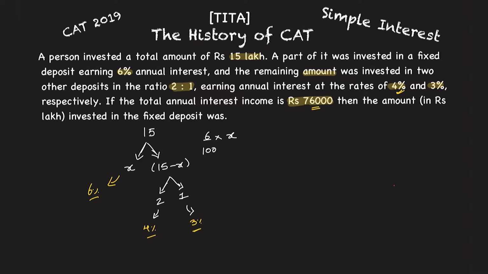Then I'll say 15 minus X, that is the amount that I have, but take 2/3 of this, which means I'm talking about this part, dividing it into 3 parts and then taking only 2 parts out of it. Of that I need 4%, so 4 divided by 100 into this.